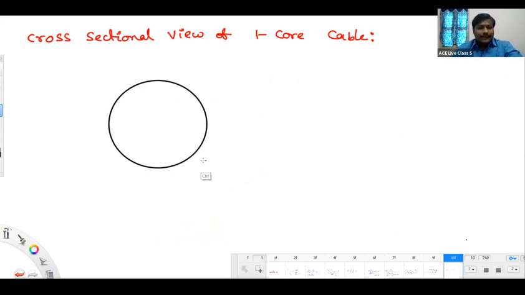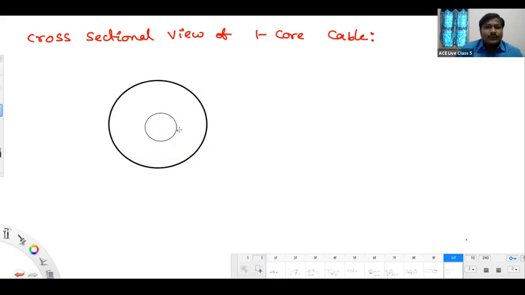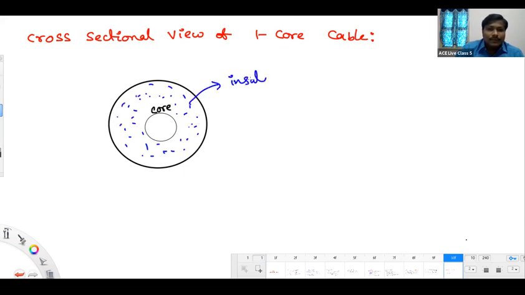Just observe. This is a conductor I am showing now. It is a core; you can write core if you want. And on the surface of this core, we have the insulation.